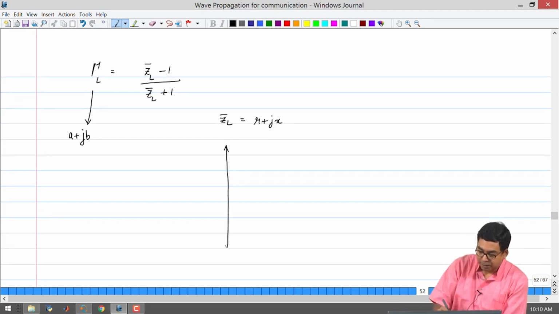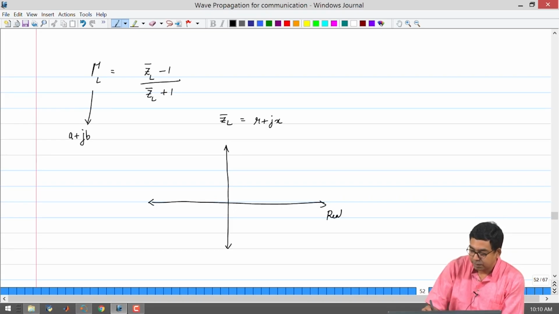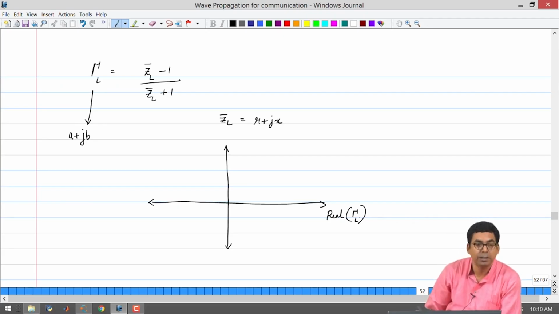It is going to have a vertical and a horizontal axis. The horizontal axis is going to be the real part of the reflection coefficient at the load in this case. It could be done for any location in the transmission line, but we are keeping it simple for the beginning, calculating the reflection coefficient at the load.